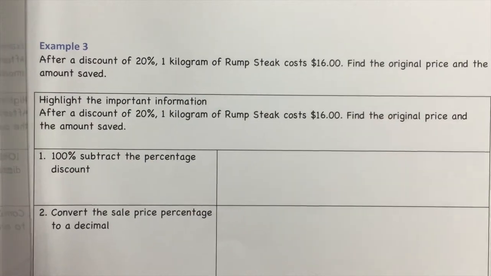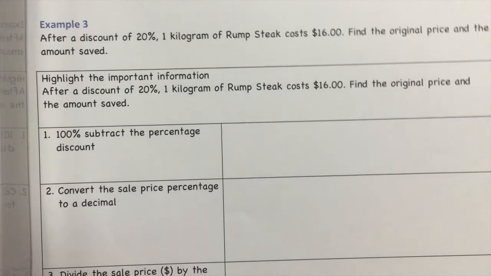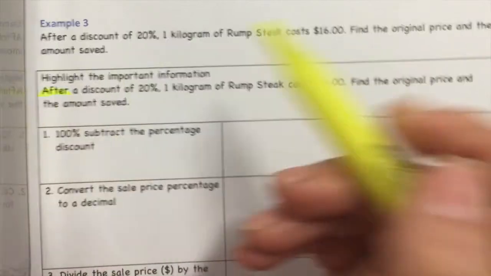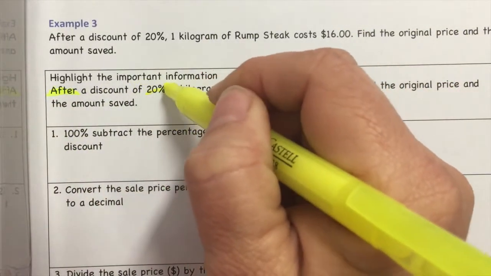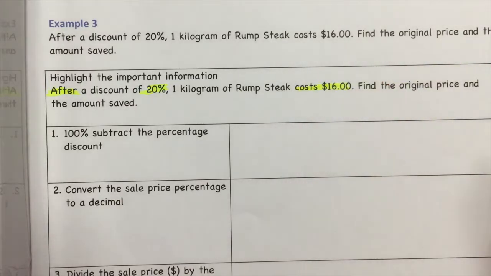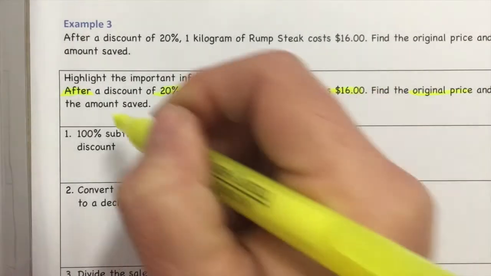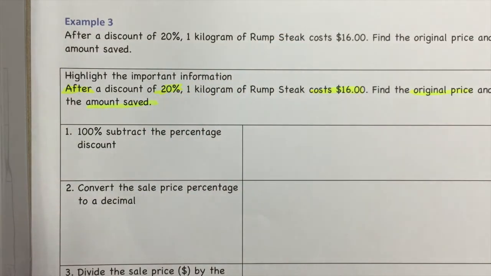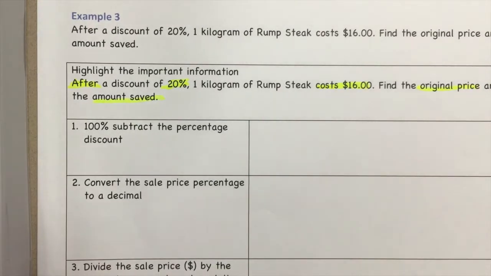So the first thing that I'm going to do is I'm going to read my question. Now it says after. So that's really important, that word. Discount of 20% costs $16. I need to find the original price and the amount saved. So the first thing that I'm going to do is I'm going to work on finding the original price.